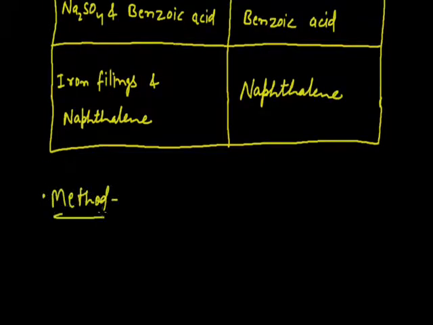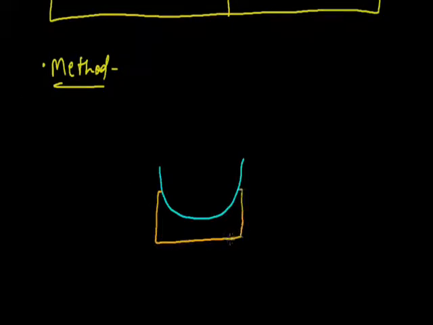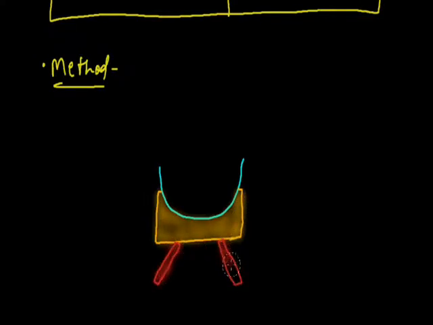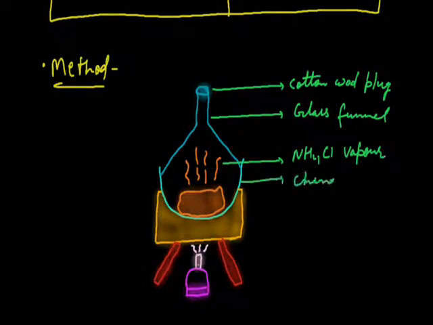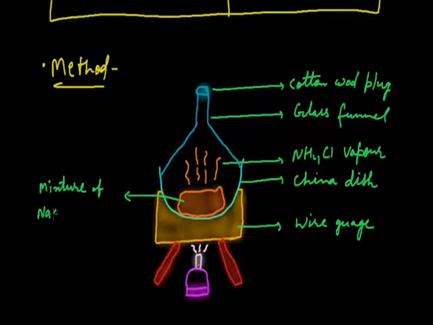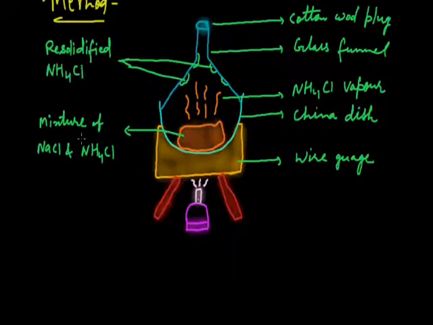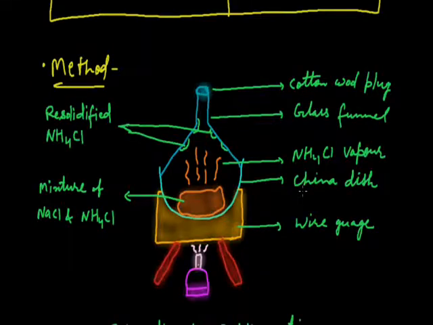Now the method. In the separation process, place the mixture of common salt and ammonium chloride in a china dish and heat it over a low Bunsen flame.